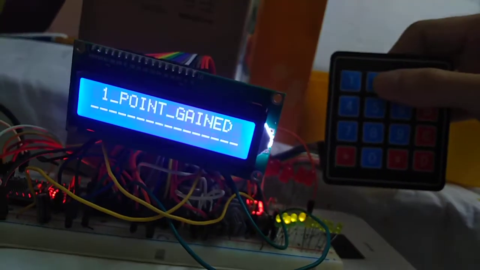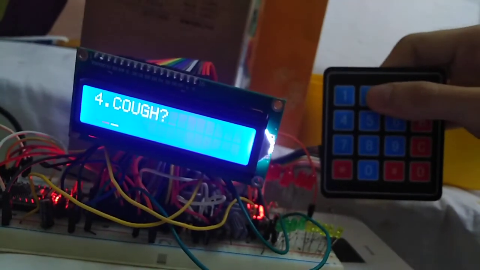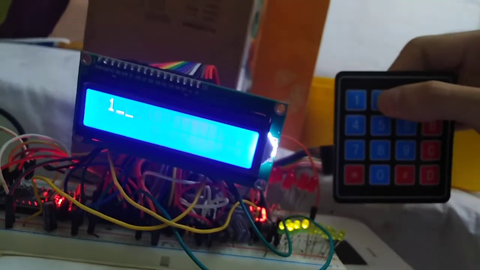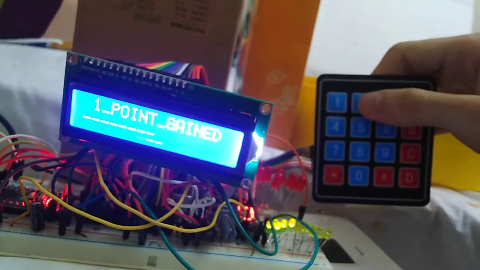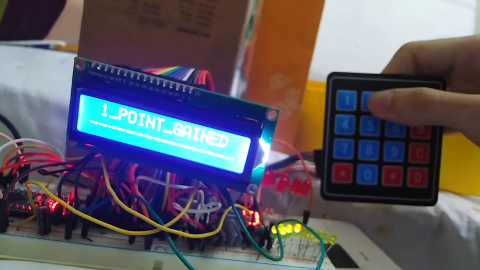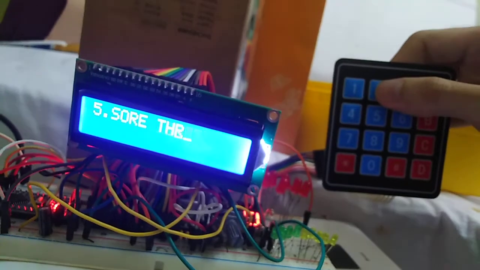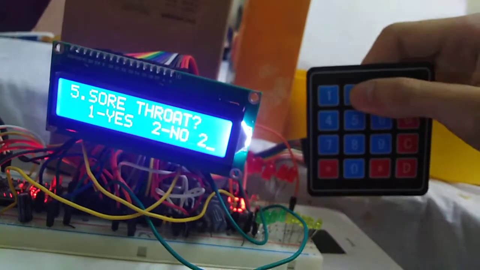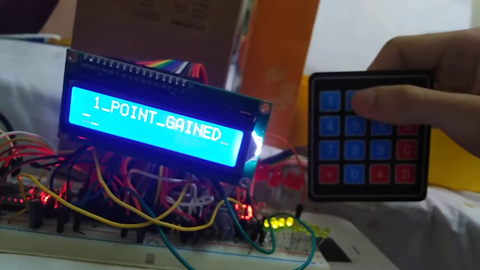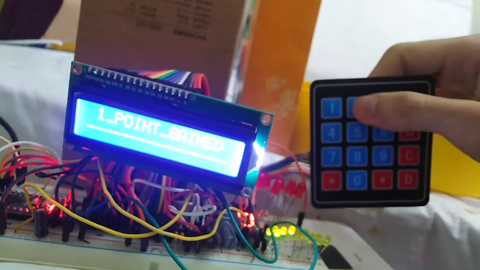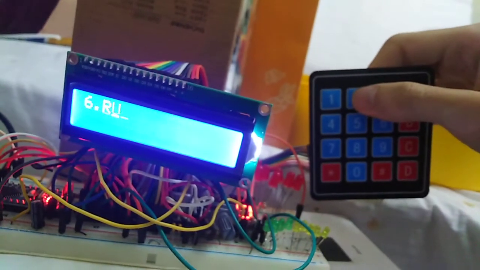This system is just for recording your own situation, whether you have any of these symptoms, so you can ensure that you are always safe and not infected with COVID. So again, we press until 7.